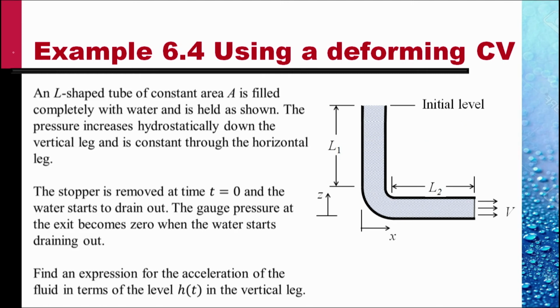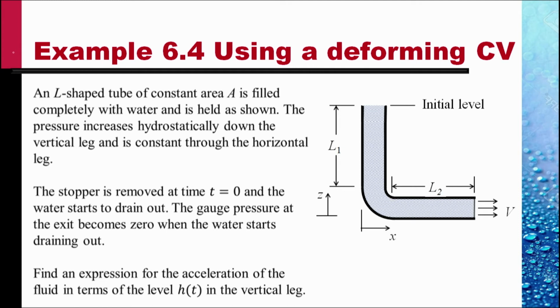Now, let's do another example, this time using a deforming control volume. This is a little complicated problem in which an L-shaped tube of constant area A is filled completely with water and is held as shown. There is a plug at the lower end which is holding this water like this.